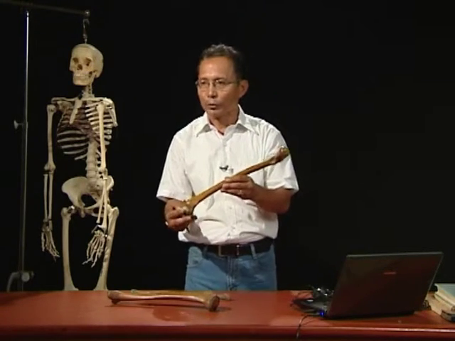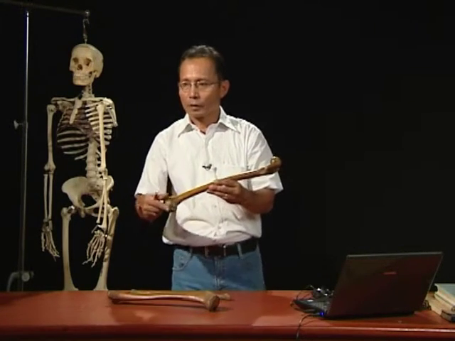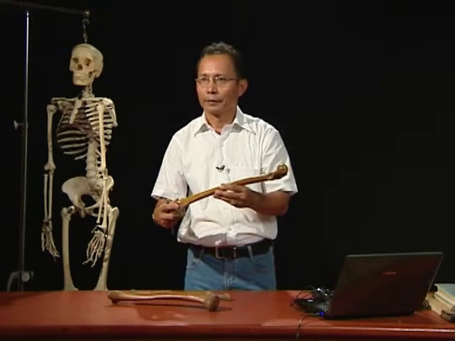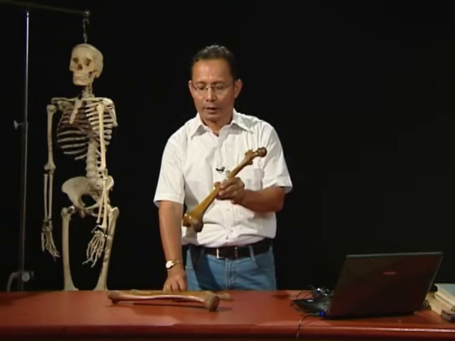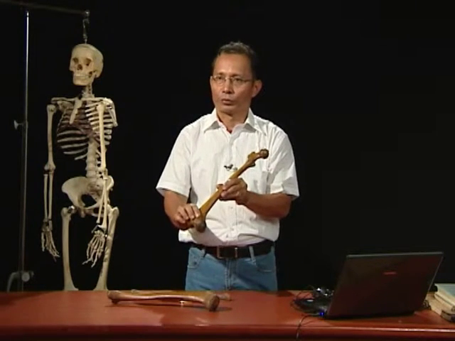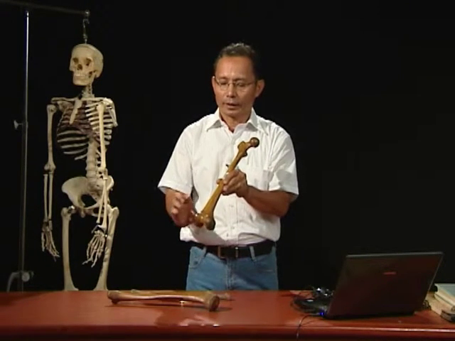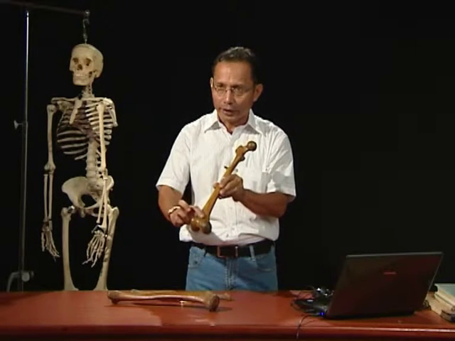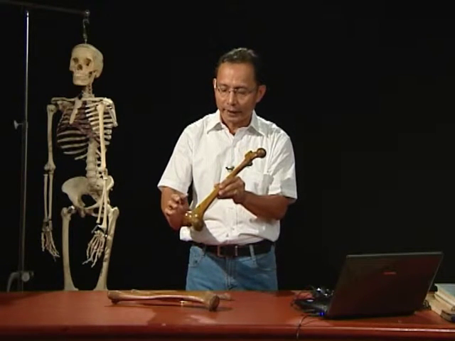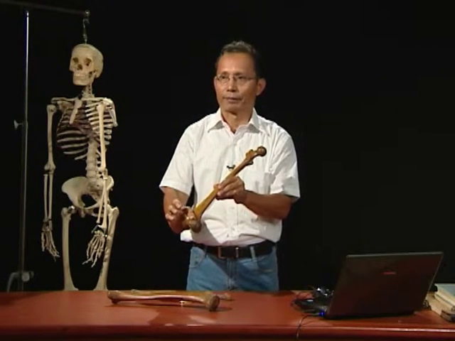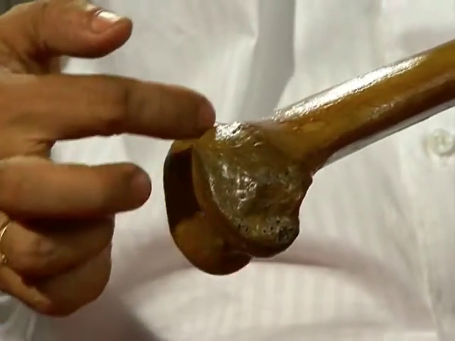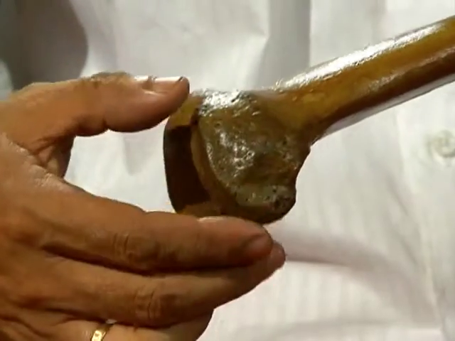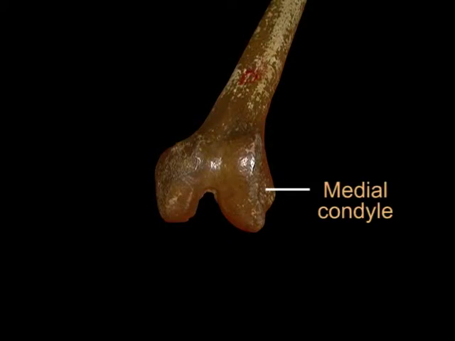Now let us come to the lower end. The lower end is broad and antero-posteriorly flattened. It has two condyles. One condyle here, this is called the medial condyle.